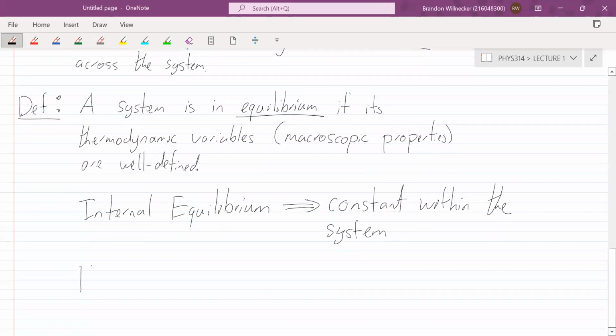We also have external equilibrium. So this means constant with respect to the environment.